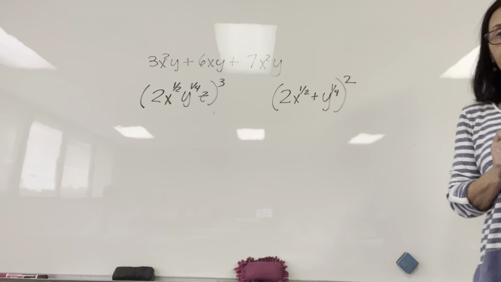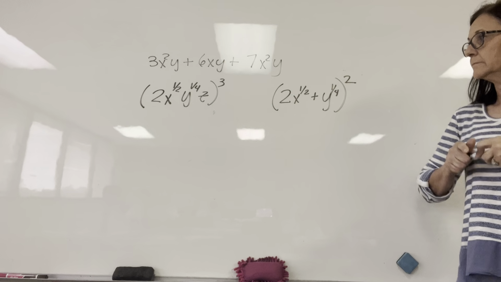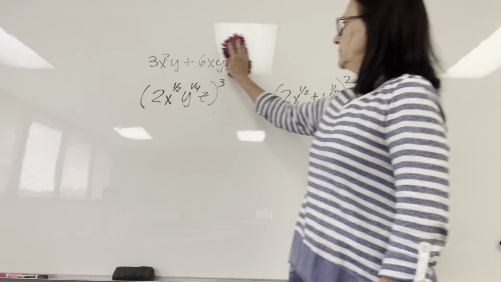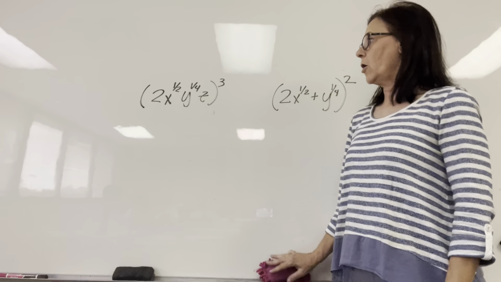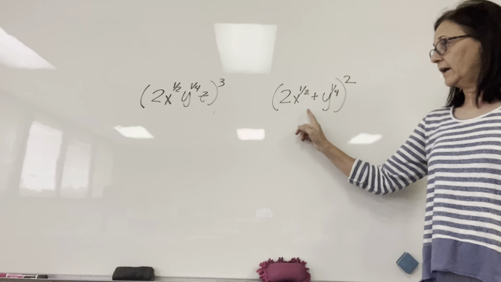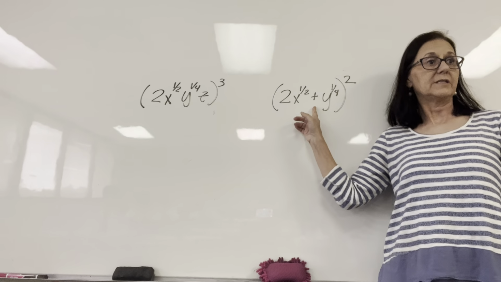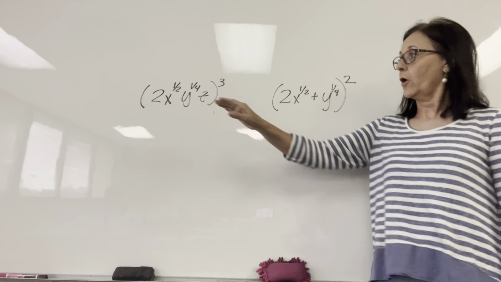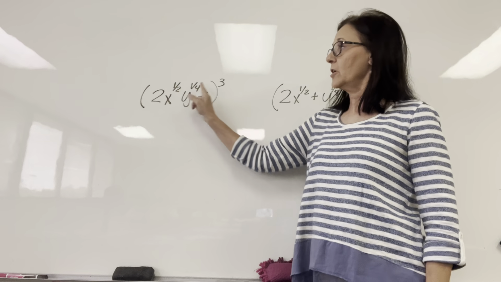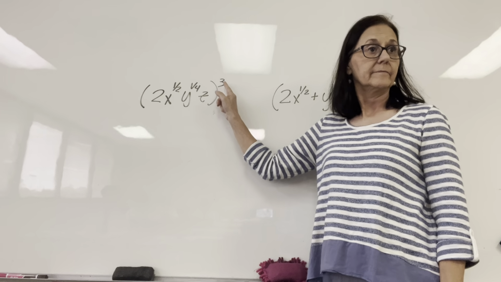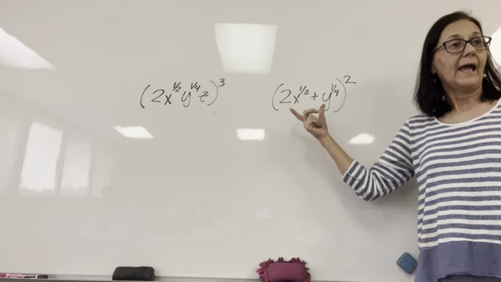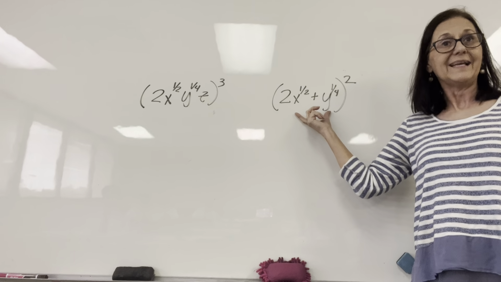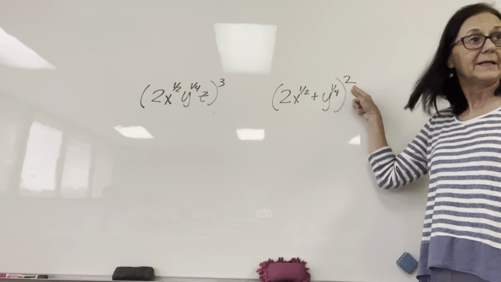What is added, what is multiplied? Okay, in one, all the terms are multiplied. In the other, there's an addition sign. So they are treated differently. When they're all multiplied, it's each term raised to the power.